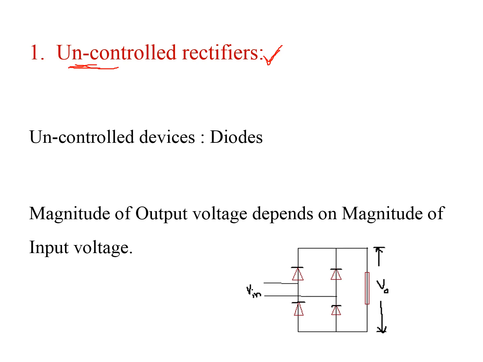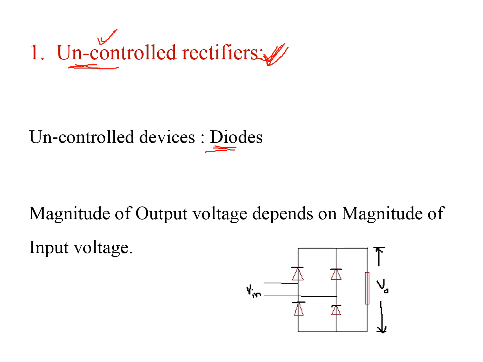Coming to uncontrolled rectifiers, the rectifiers which consist of uncontrolled devices are known as uncontrolled rectifiers. The example of uncontrolled devices is diodes.